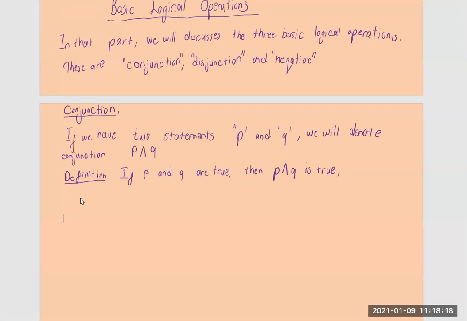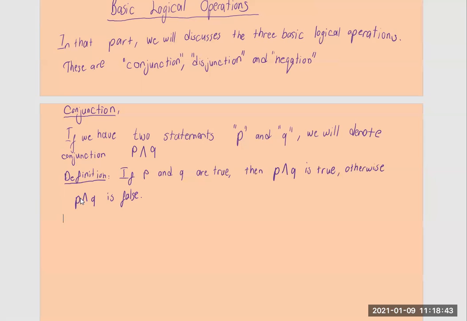Otherwise, P conjunction Q is going to be false. So we can say that is the conjunction operation.